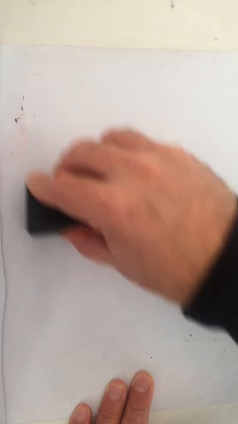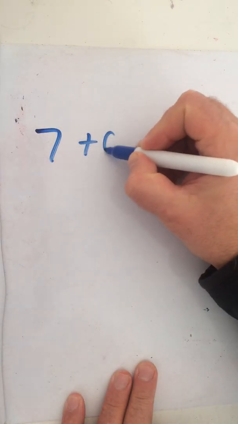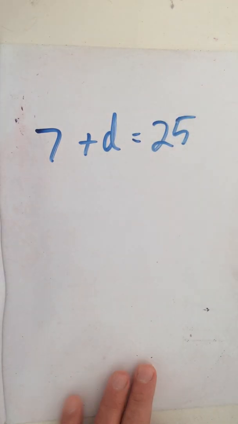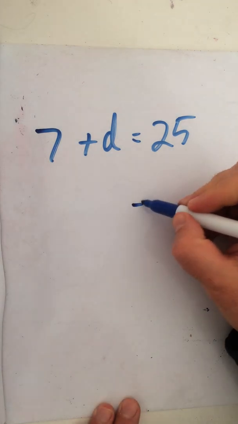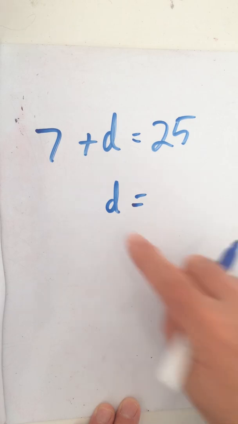Okay. Right. Let's go with 7 plus D is equal to 25. Okay. So let's have a little look here. So again, I want to be left with D on this side of the equation. I want to find the value of D, and I want to put it on this side of the equation.